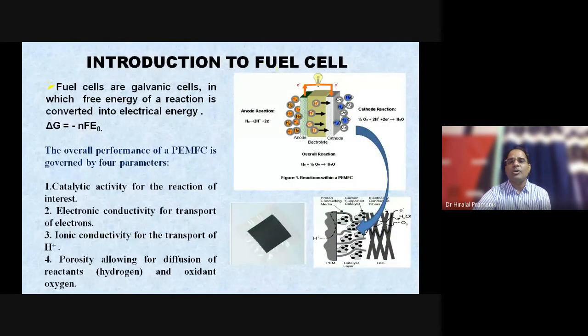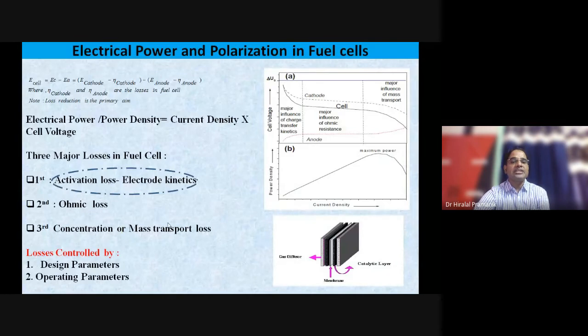I'm not talking about the fuel cell functioning, as I have already discussed it. The overall performance of a PEMFC is governed by catalytic activity, electronic conductivity through the metal, ionic conductivity through the membrane, and porosity allowing hydrogen and oxygen to reach the catalyst. That means mass transfer. So we can see three types of losses: ohmic losses due to ion and electron transport, activation losses due to the slowness of the reaction, related to the kinetics, and concentration or mass transfer losses due to the transport of fuel or oxidant at the catalyst sites.